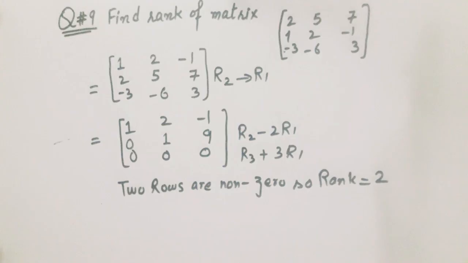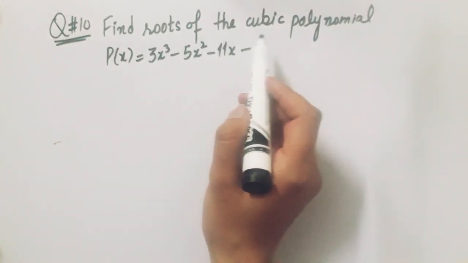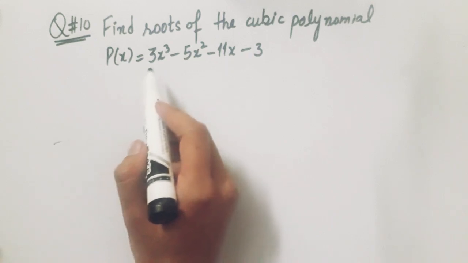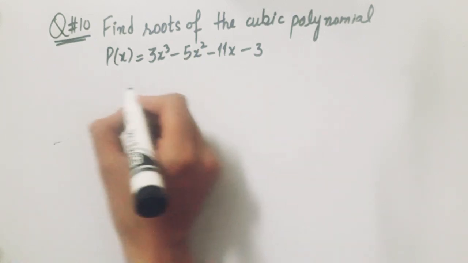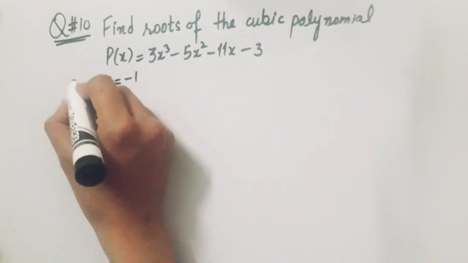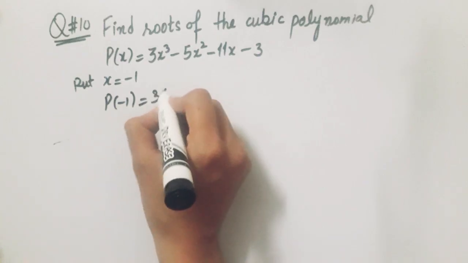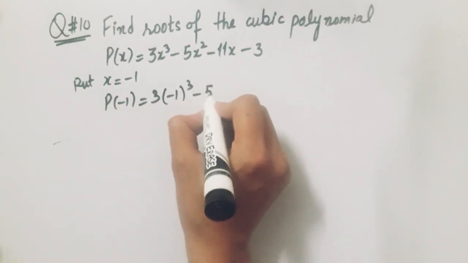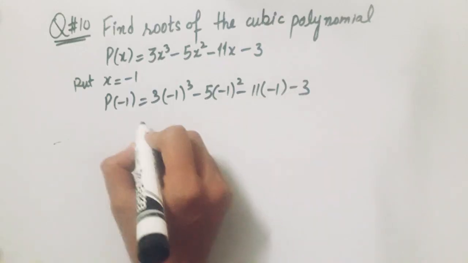Now we will solve question number 10. Question number 10 is find roots of the cubic polynomial 3x cube minus 5x square minus 11x minus 3. First of all, you will put x is equal to -1. Then you get 3 into -1 cube minus 5 into -1 square minus 11 into -1 minus 3.